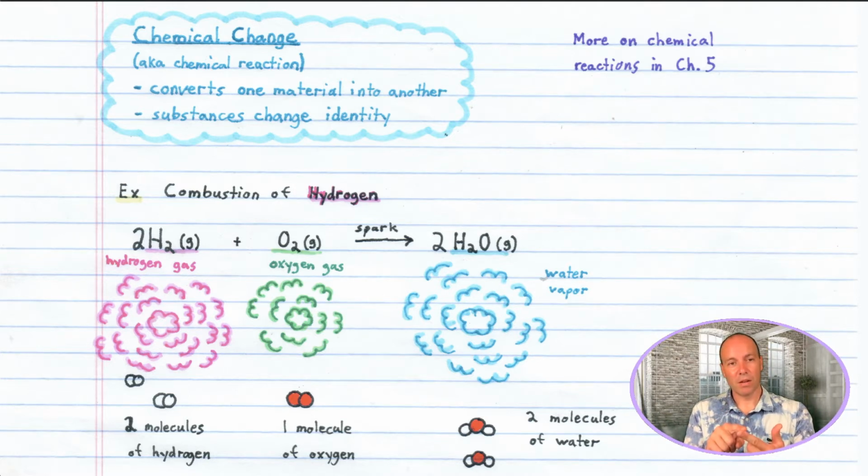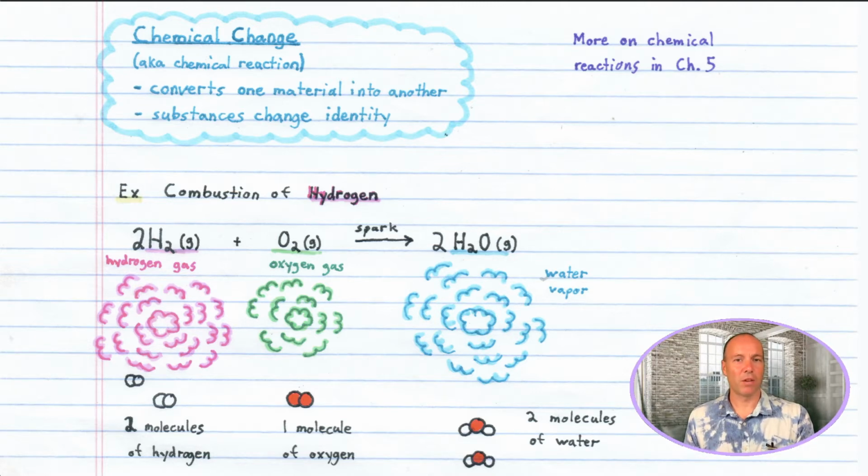In the second method, matter is divided into solids, liquids, and gases. The third way of categorizing matter is by chemical composition, and this will be the most detailed of the three. But before we get into that, let's first discuss chemical changes.